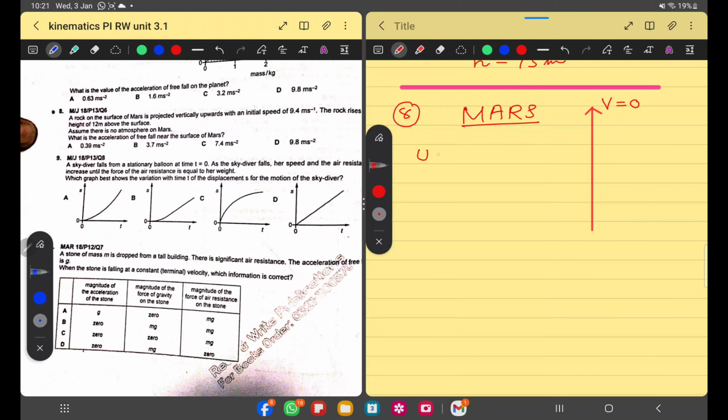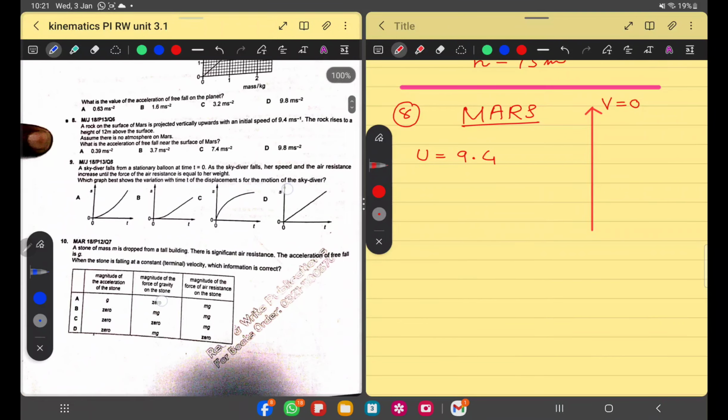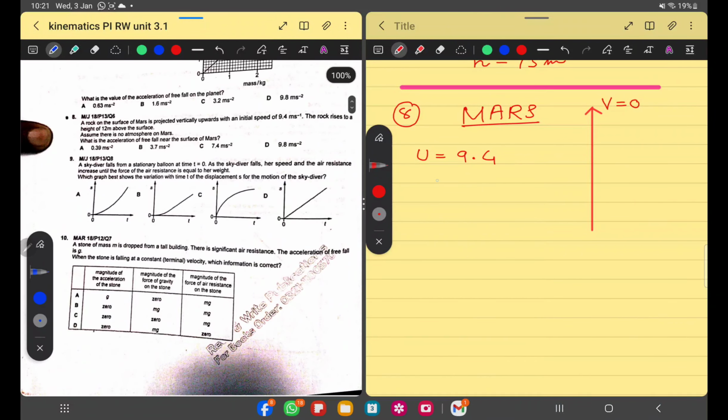Initial speed is 9.4, final velocity 0, and the height is 12 meter. The question is, what is the acceleration due to gravity on Mars? We have to calculate it.